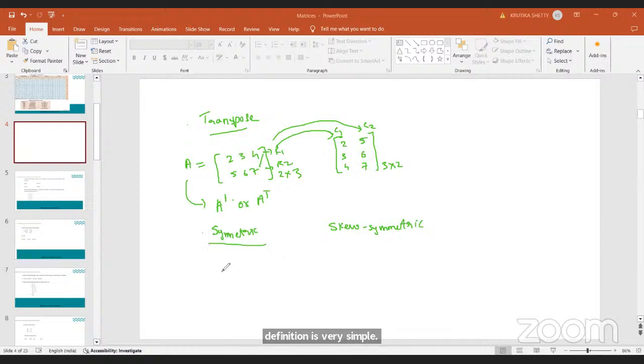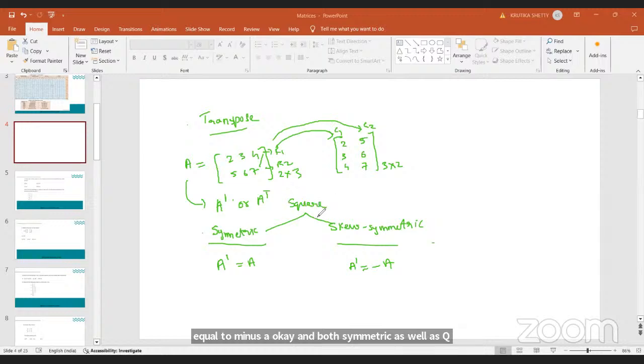In a symmetric matrix, the transpose A dash will be equal to A, and in a skew symmetric matrix, A dash is equal to minus A. Both symmetric as well as skew symmetric matrices are square matrices. For symmetric matrices A dash is equal to A, and for skew symmetric matrices A dash is equal to minus A.